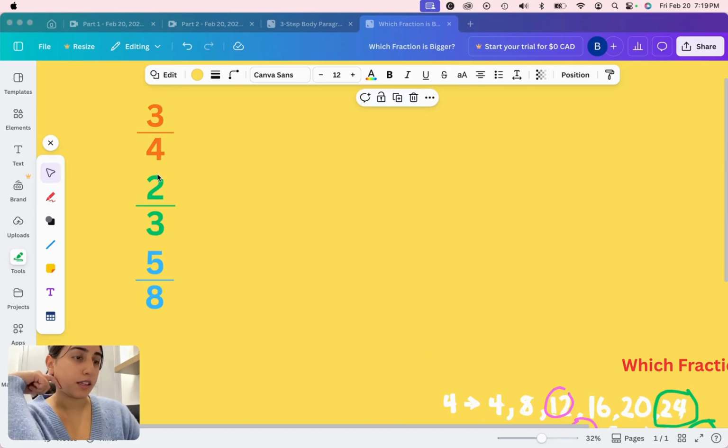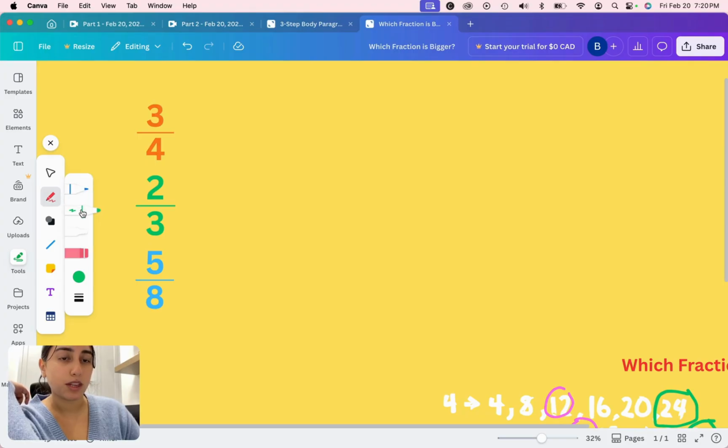Of course, mathematically as well, a faster way to solve this, if you have a calculator, would be to turn these fractions into decimals and then compare which decimal is larger out of the three. We know that 3 over 4 is equal to, well, I won't give it away, but 0.75. So just converting these on your calculator into decimals.